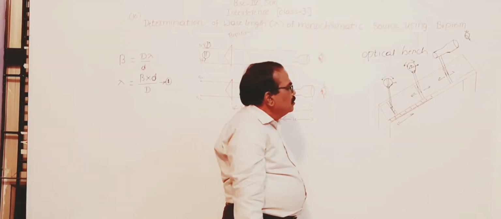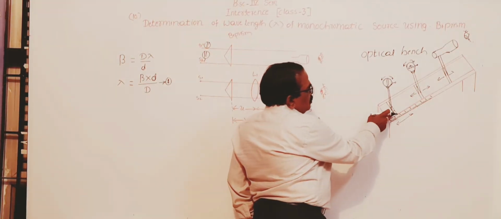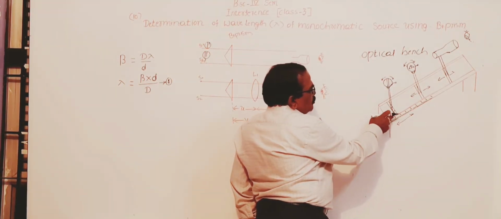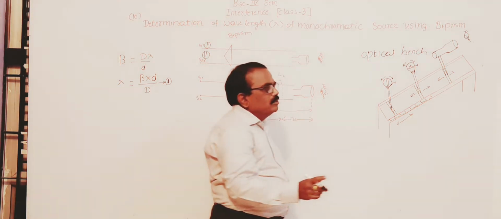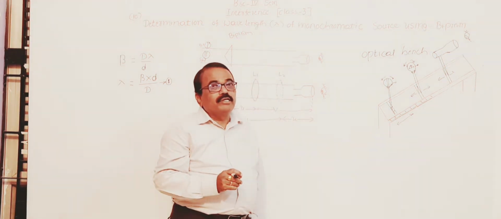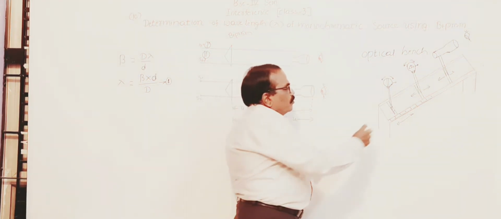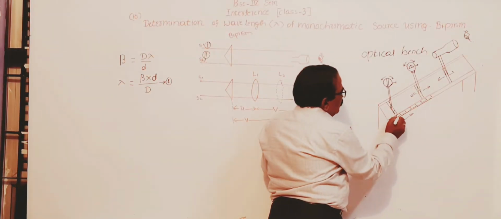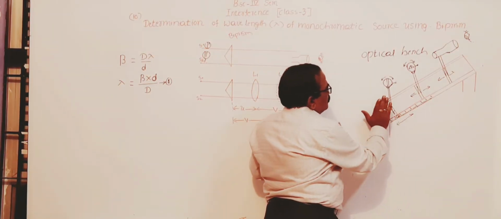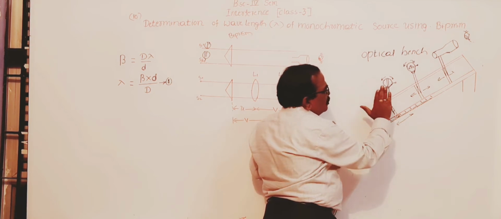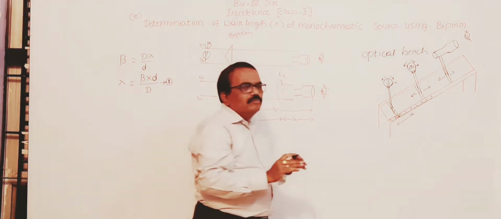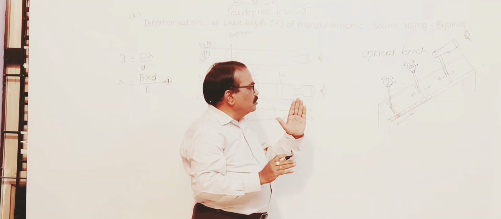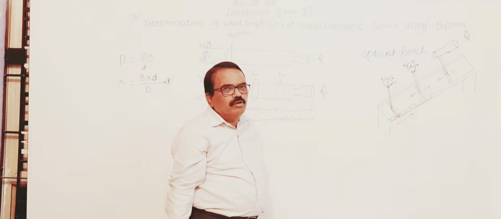Then there is a horizontal metal strip, which is also graduated in centimeter, like in a traveling microscope. If you go on rotating the screw, this traveling microscope shifts in this direction and comes out. Similarly all these three can move in this direction also on the optical bench.